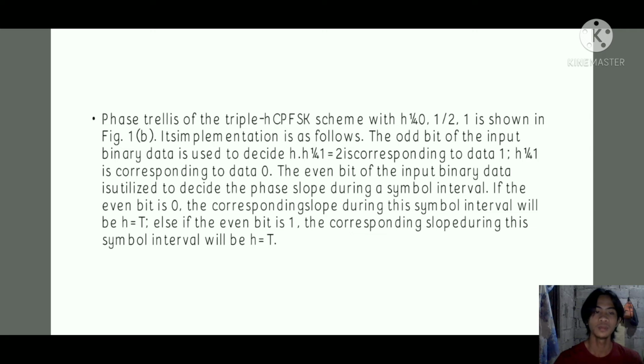If the even bit is 0, the corresponding slope during this symbol interval will be h pi equals to t. Else, if the even bit is 1, the corresponding slope during this symbol interval will be h pi equals to t.